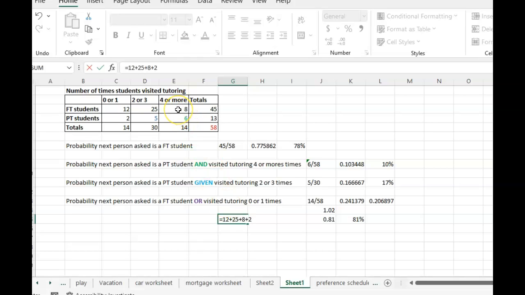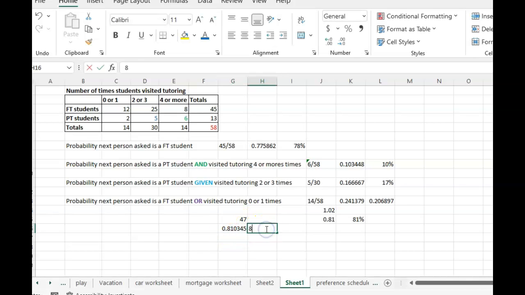So I've gotten all full-time students in any category, 12, 25, and 8, and then the part-time student in one of the categories that we're looking for, 0 or 1. So if I add all those together, I get 47. If I divide that by 58, I should get the same probability. And I get my 0.81, which is also 81%. So that is another way of solving the same problem.